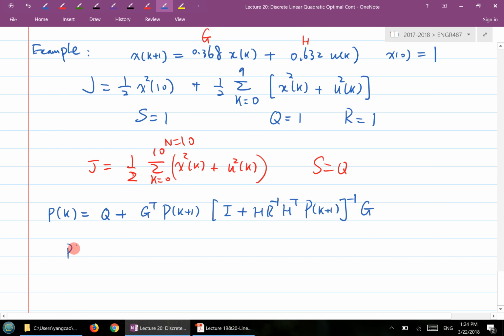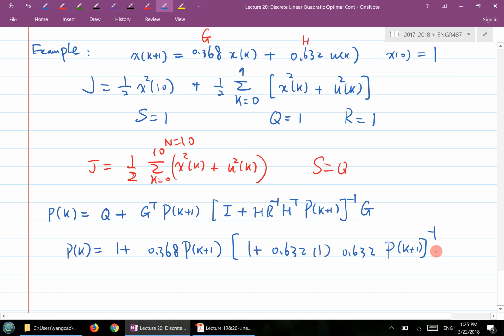So we get P of k equal to 1 plus G, which is 0.368, then inverse of 1 plus 0.632, and then R inverse, which is also 1, and H transpose, still the same thing, P of k plus 1 inverse, and times G. That's what it looks like if you plug in all the numbers.